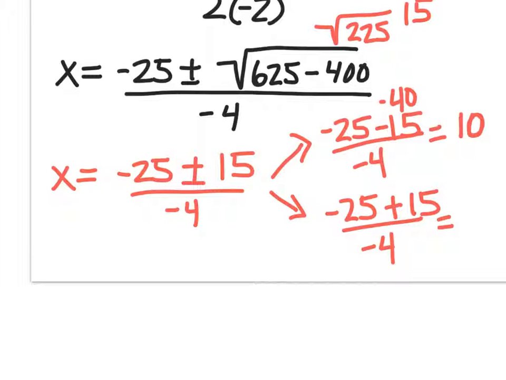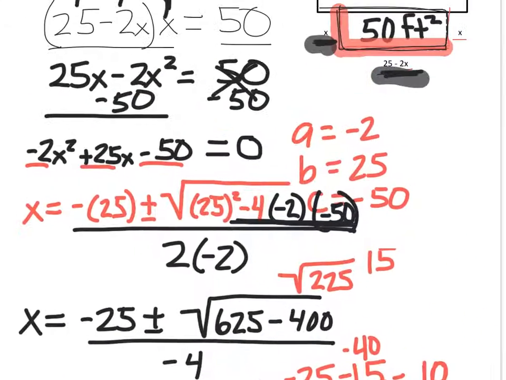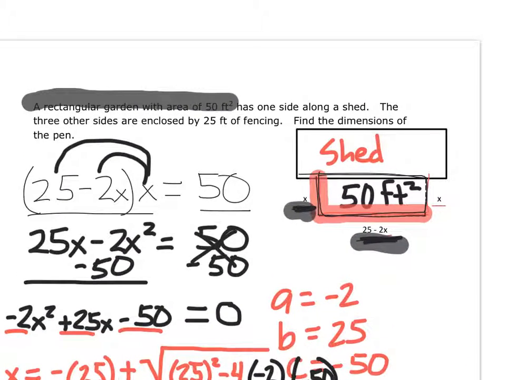And then down here, this is going to give me a negative 10 all over negative 4, which if you divide that out, you would get 2.5. So those are my two possible answers for x: 10 and 2.5. So I'm going to come up here and write that x equals 10 or 2.5.